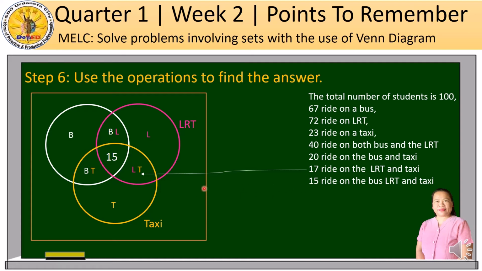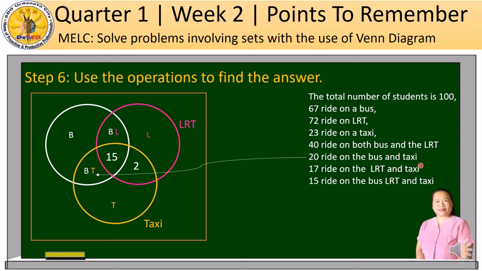So, balik tayo. So, 17 ride on the LRT and taxi. So, since 15 of the students already ride on the bus, LRT, and taxi, we're going to subtract 17 minus 15 is equal to 2. Okay. Next, how about on the bus and taxi?